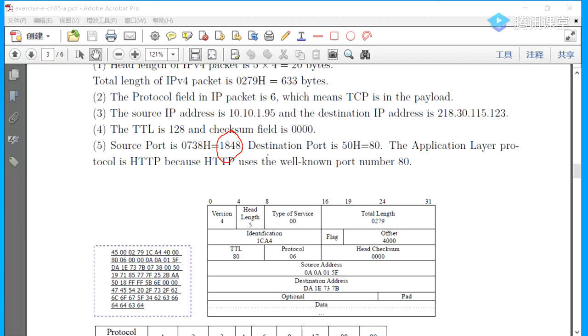The destination port is 50 hexadecimal, that is 80 in decimal notation. Then what does it mean? It means the application layer protocol is HTTP, because HTTP uses the well-known port number.